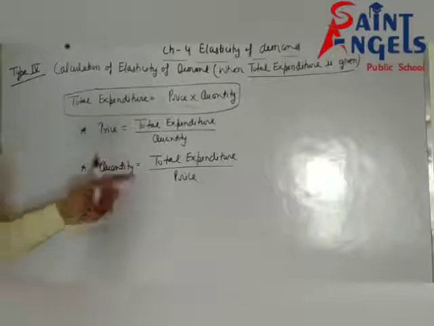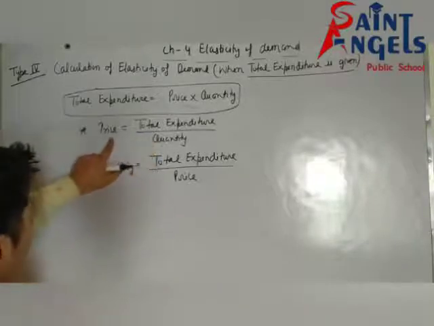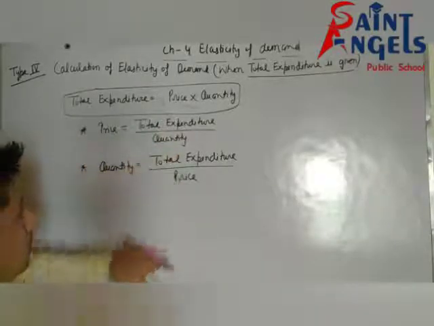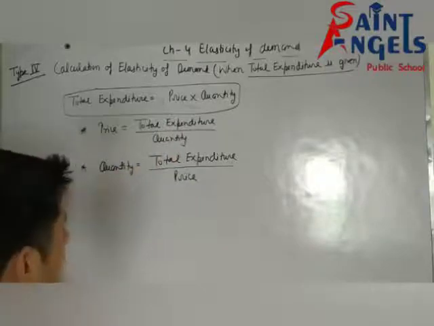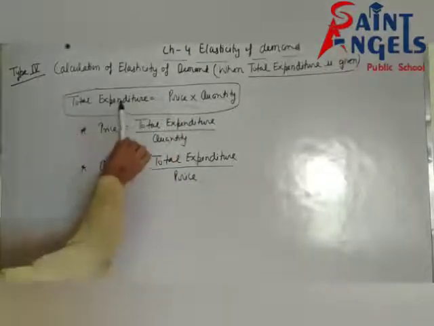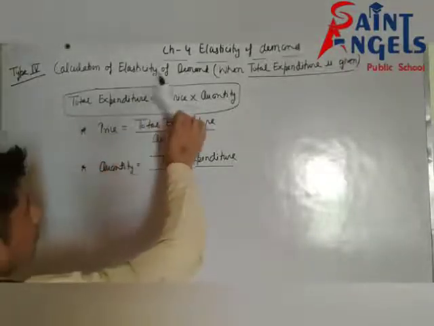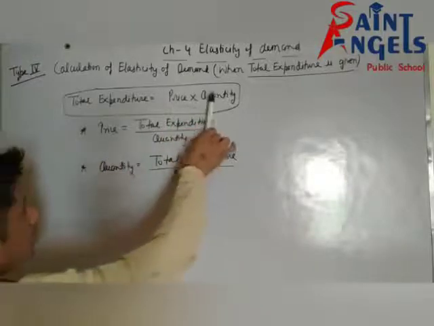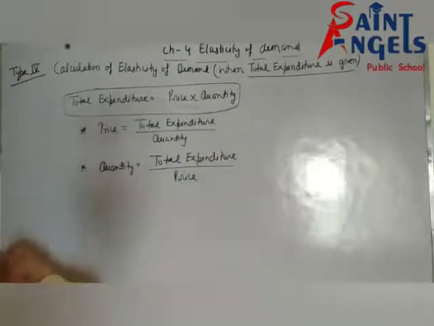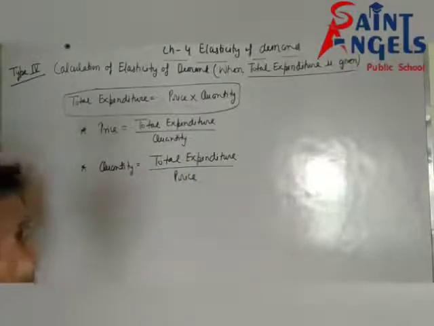So what is the formula of price? Price is equal to total expenditure divided by quantity. Suppose total expenditure is given and price is also given, but quantity is not given. So if you want to calculate quantity, then formula will be total expenditure divided by price.